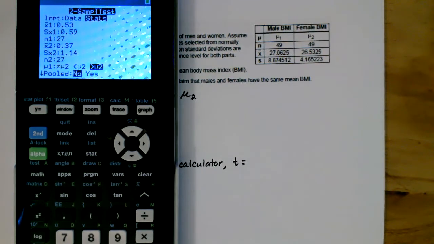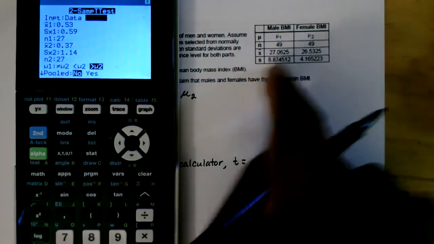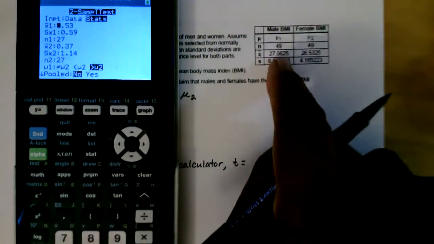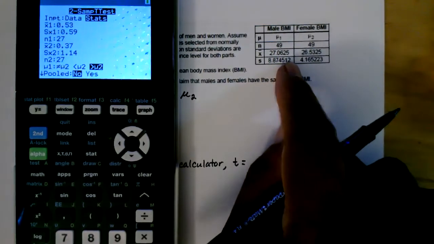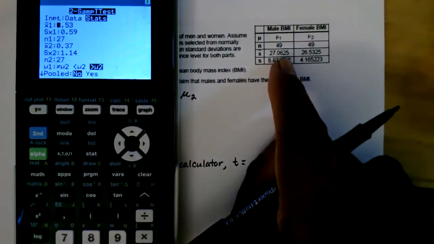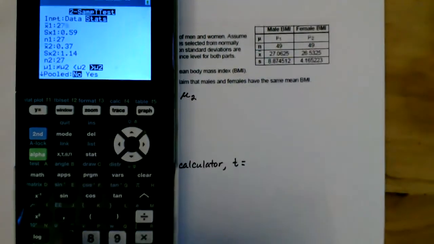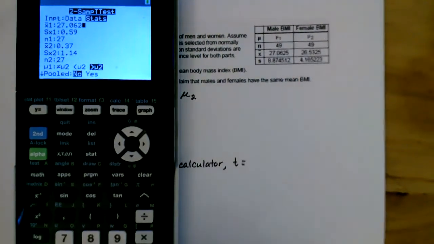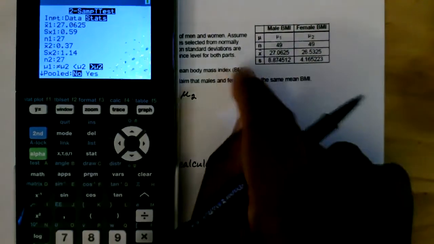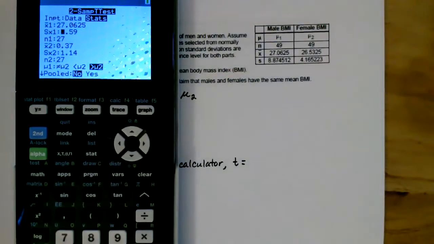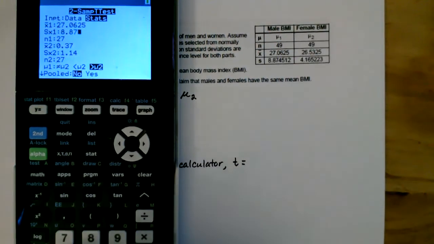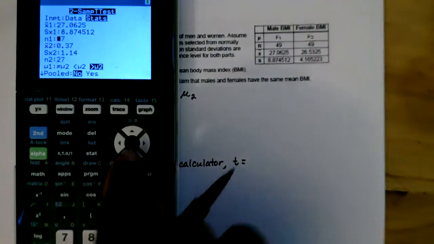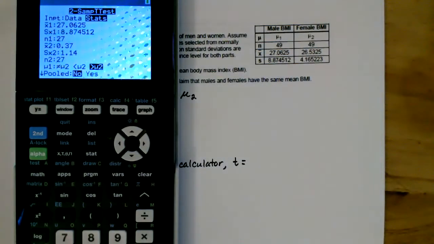We have the summary statistics here. X bar 1, S1, and N1 would be in this column. X bar 1 would be 27.0625. Its standard deviation is 8.874512. Then go down to N1. That's the sample size for the males, that's 49.